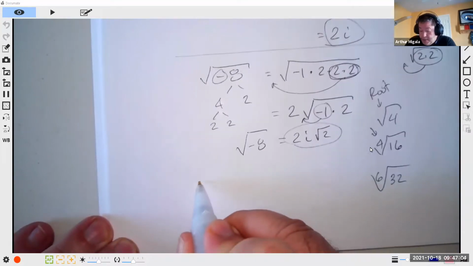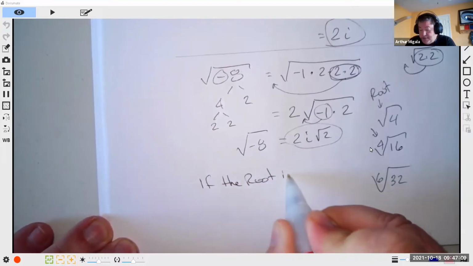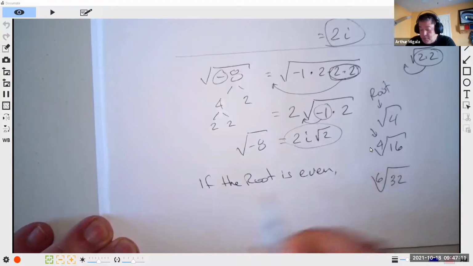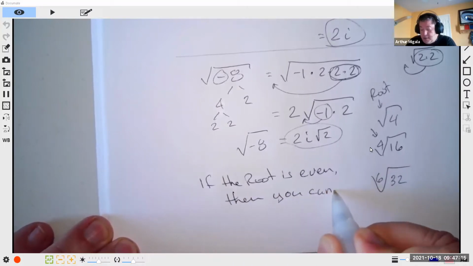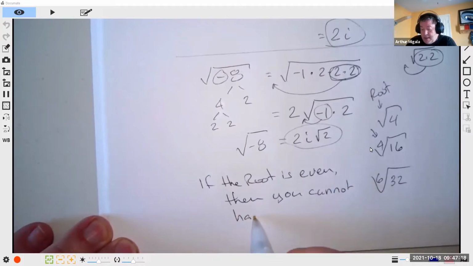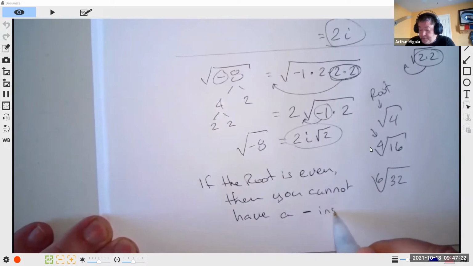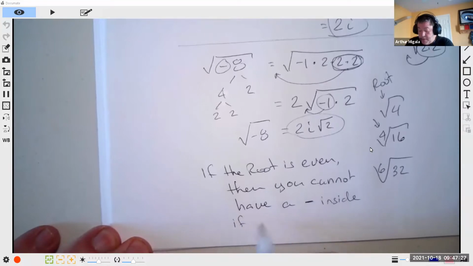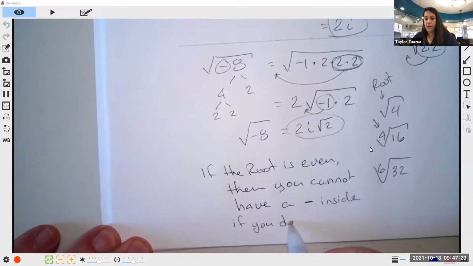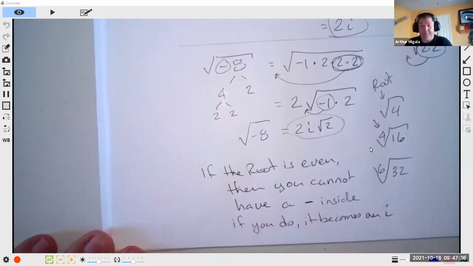So if the root is even, then you cannot have a negative inside. If you do, it becomes an i.